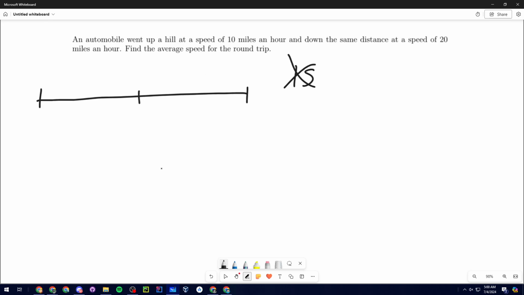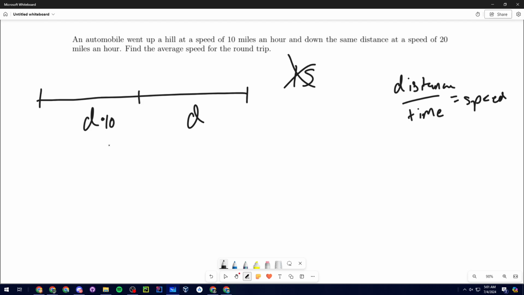If you remember, average speed is just total distance over time. Why? Because if you move over time, you just get d equals rt, which makes sense. So for the distance here, we'll just call that d. It doesn't matter what it is. The times are d divided by 10, and then d divided by 20.